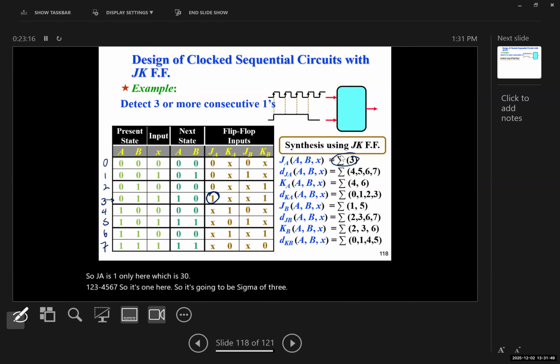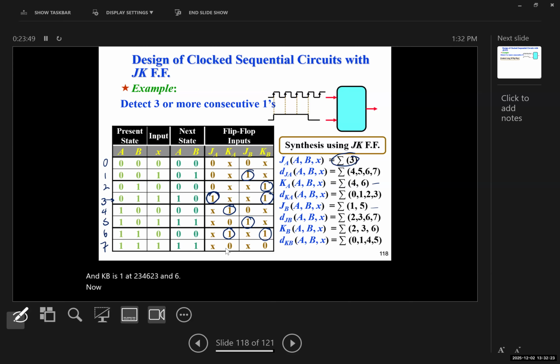And KA, let's find the Js and Ks. KA is 1 only at 4 and 6. JB is 1 at 1 and 5. And KB is 1 at 2, 3, and 6.